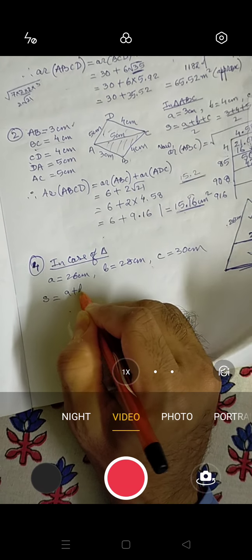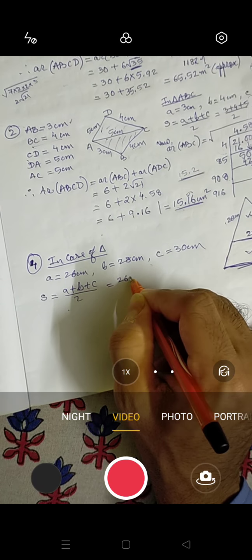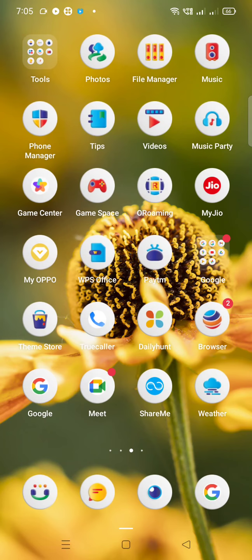Then we will find S is equal to (A plus B plus C) by 2, equals (26 plus 28 plus 30) by 2. So this will be 84 by 2. Yes, 84 by 2, and when you cancel this, you will have 42 centimeter. Any doubt?